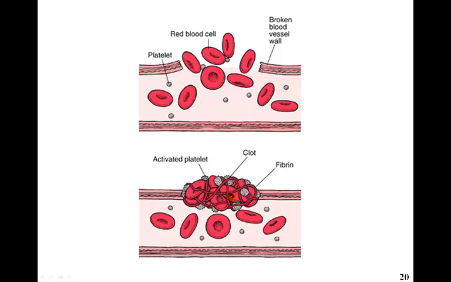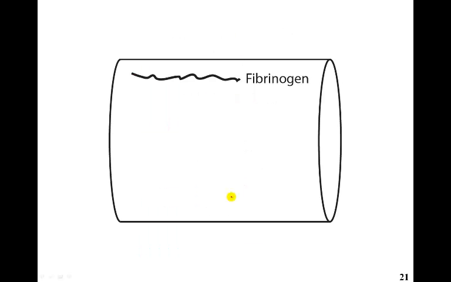Okay, so this network of fibrin, that's the key thing that makes a clot. So where does this fibrin network come from, and how is it formed? Fibrin starts its life not as fibrin, but as a larger protein called fibrinogen. And fibrinogen just floats around in the blood all the time.